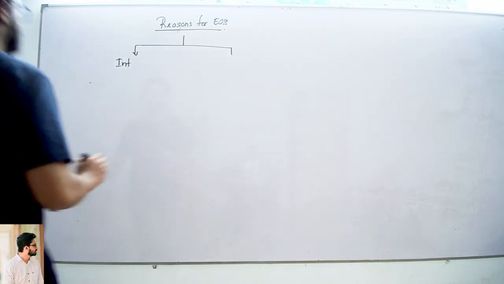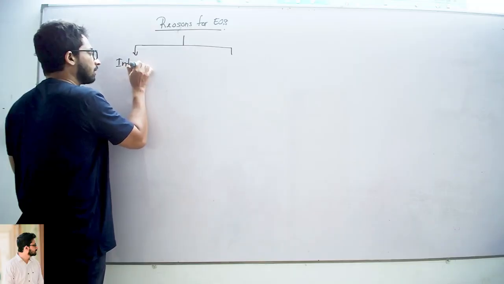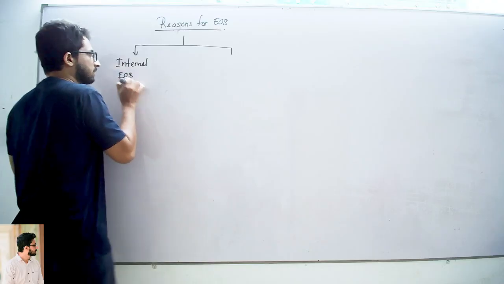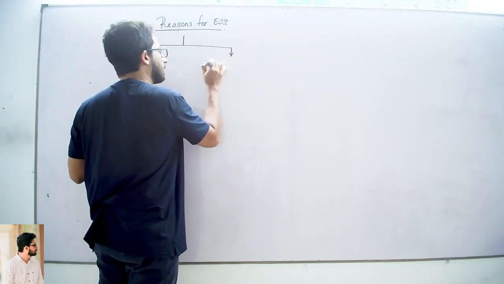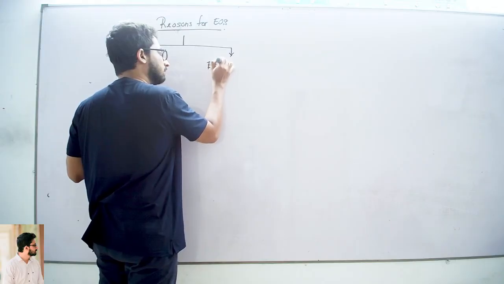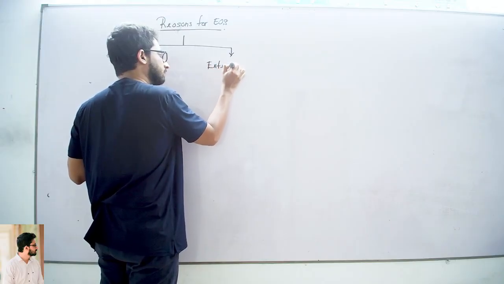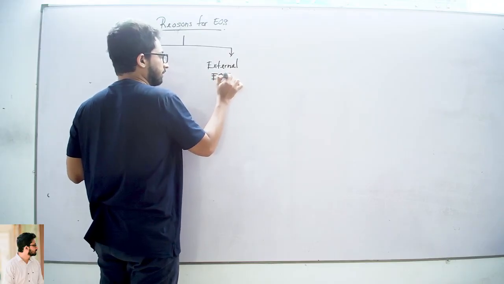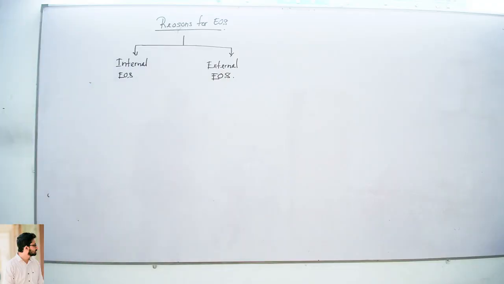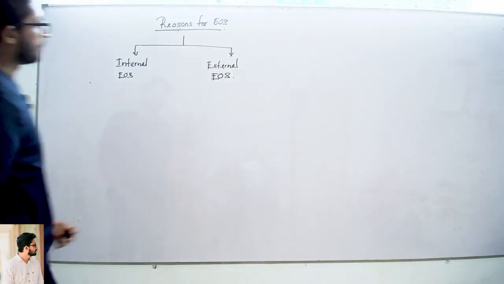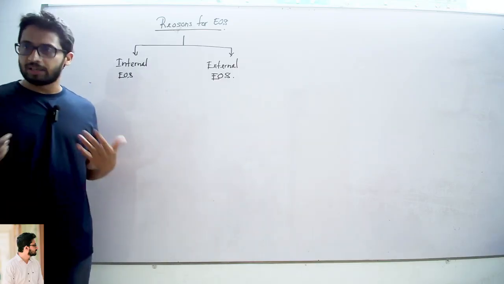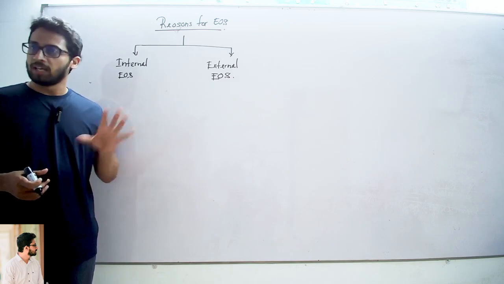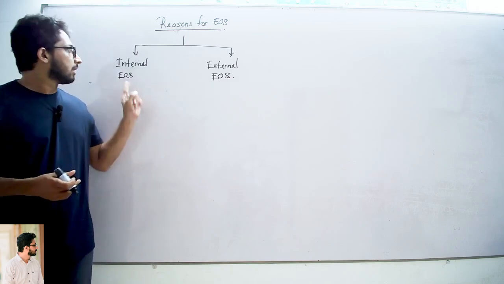Internal economies of scale, internal EOS. The other one is external EOS. Internal economies of scale are a set of advantages only for large scale producers.